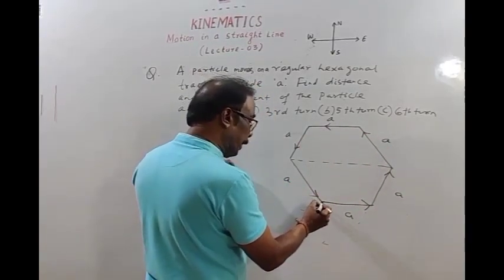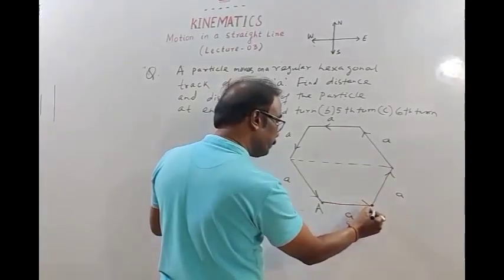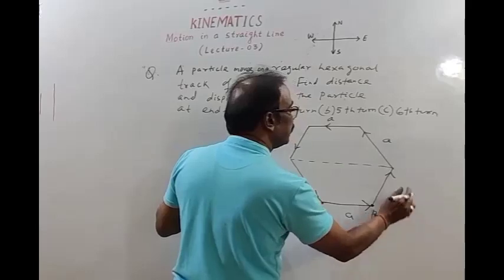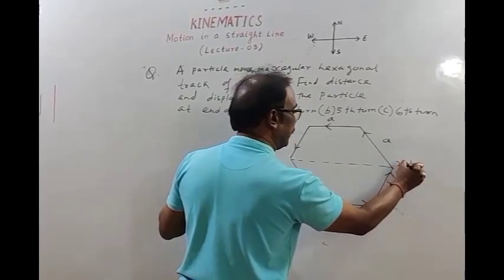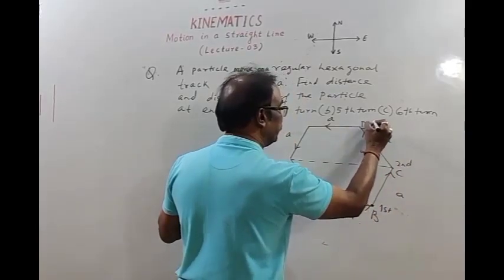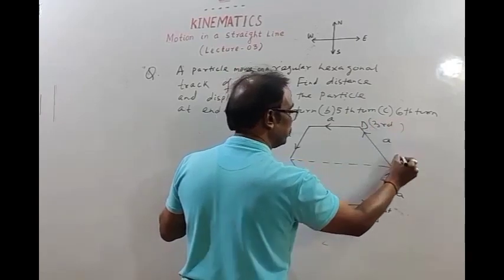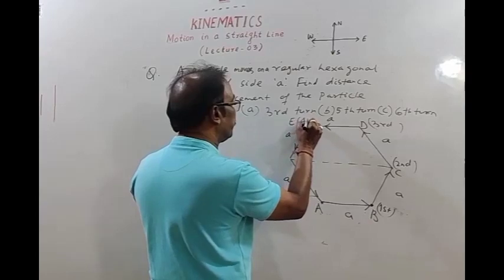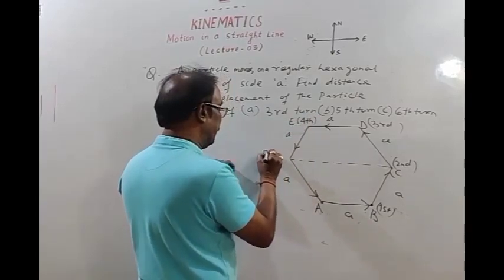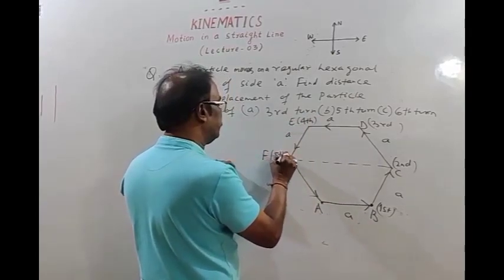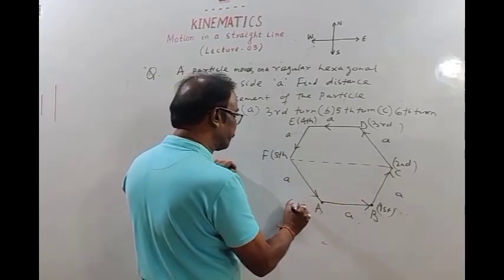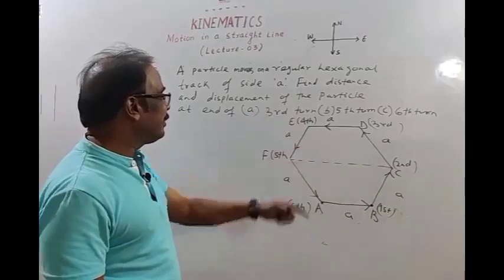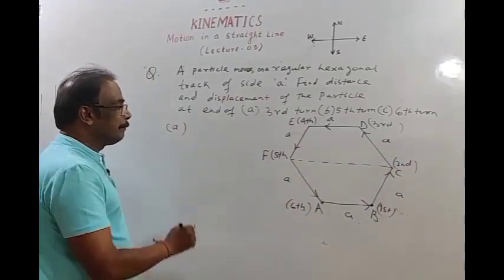The particle starts from A. So obviously this point is B, here the first turn. This point C, here the second turn. This point D, the third turn. This point E, the fourth turn. This point F, the fifth turn, and again at A, it is the sixth turn. Okay, we have to find the distance and displacement at the end of the third turn.